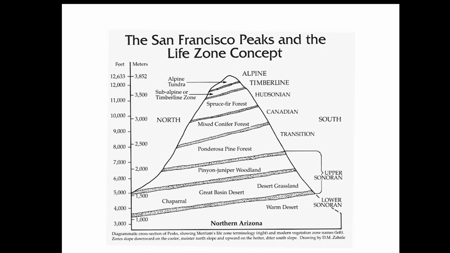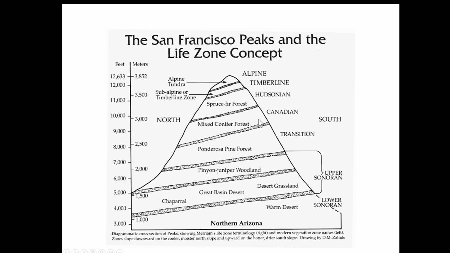Now this is 10,500 feet. Hudson Bay is at sea level. So what gives? Well, we go back to moisture and climate. At 10,000 feet on the San Francisco Peaks, Mount Humphreys, the climate is the same as it is in Hudson Bay. So the plants that are evolved for living in that climate, that temperature, that amount of precipitation, survive there.